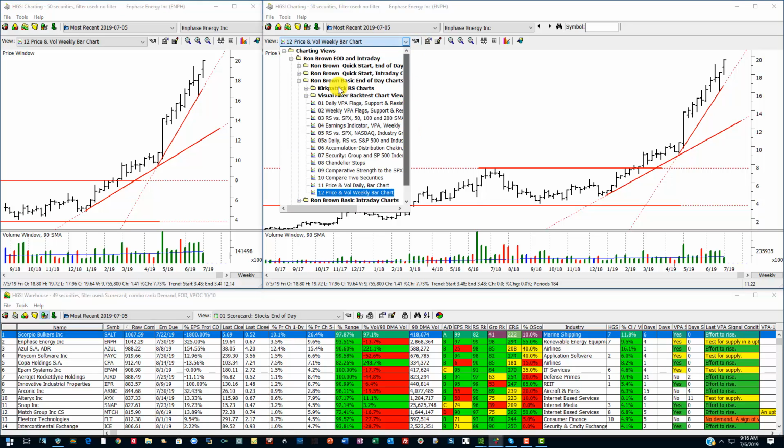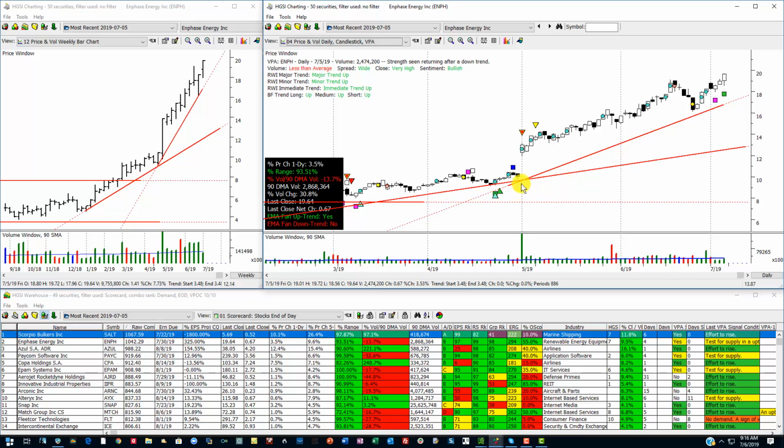I'm going to go to my quick start, end of day, stock index charts 4. And notice that these weekly trend lines are transferred over to the daily chart. And they'll stay there forever, and these dotted lines will continue to grow as more data comes in.